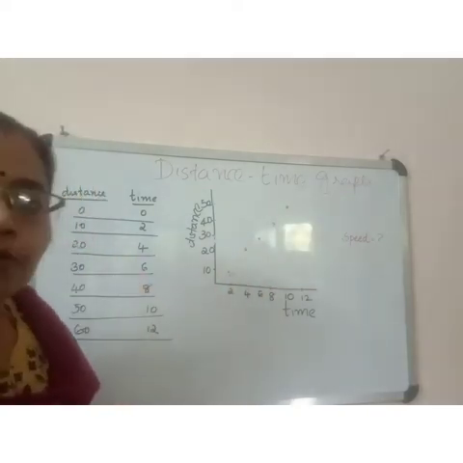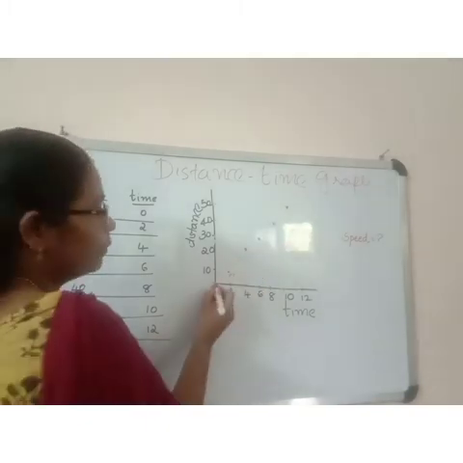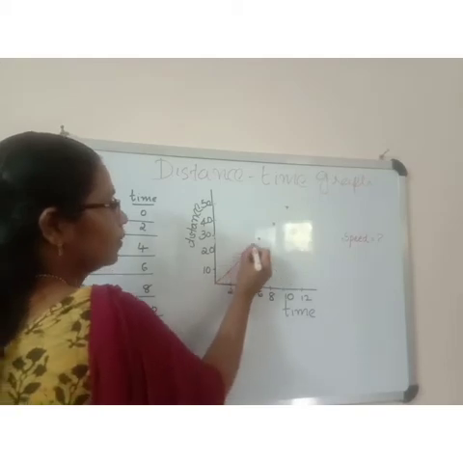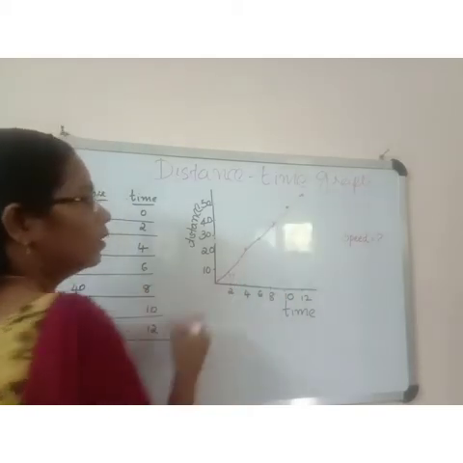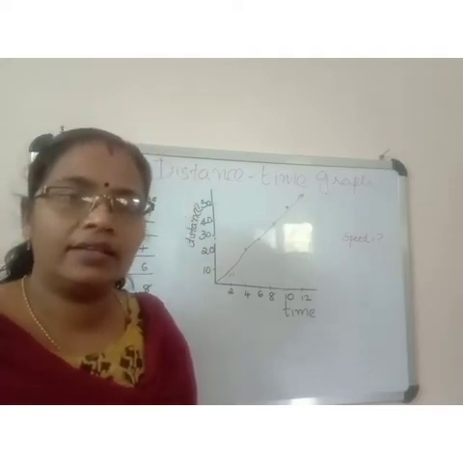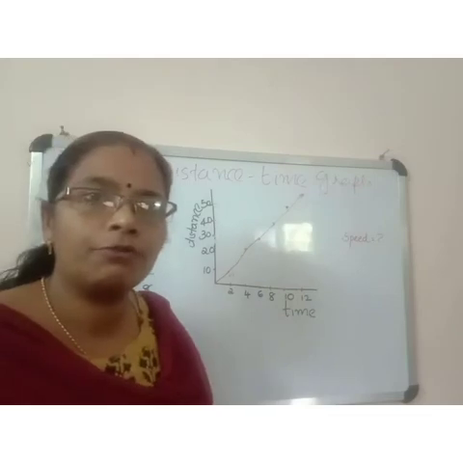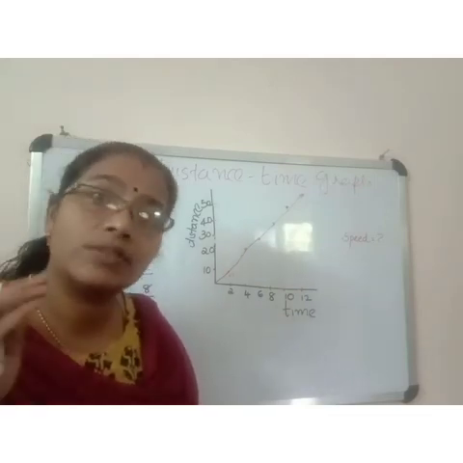Now if I join all these values after plotting, what's the nature of the graph I am getting? It's a straight line. So we can tell like this: the distance time graph for a uniform motion is a straight line.